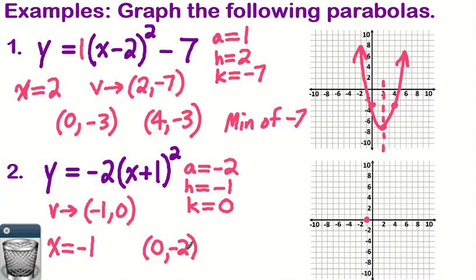Remember, follow your order of operations, peoples. You would do the adding, then the squaring, the power, and then times the negative 2. So let's just double check. 0 plus 1 is 1. 1 squared is 1 times negative 2. So 0 comma negative 2 is another dot, okay?